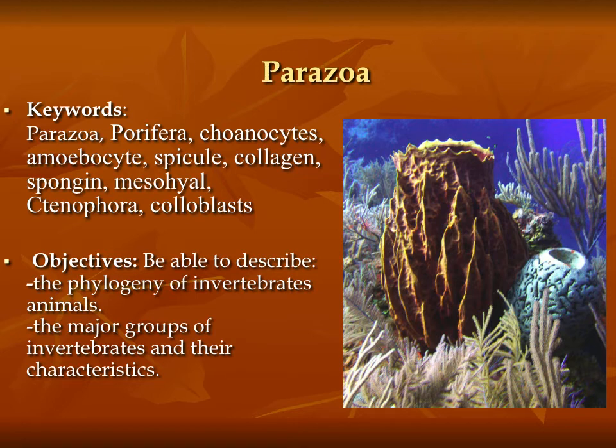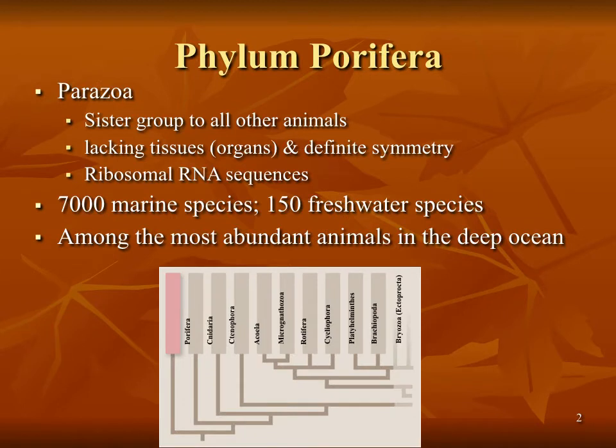Who is the Parazoa? It's the sister group to all other animal groups, but we're not really sure who that is yet. The probably best candidate for that is the phylum Porifera. These are the sponges. They are animals. They don't look like animals. They don't act like many animals.